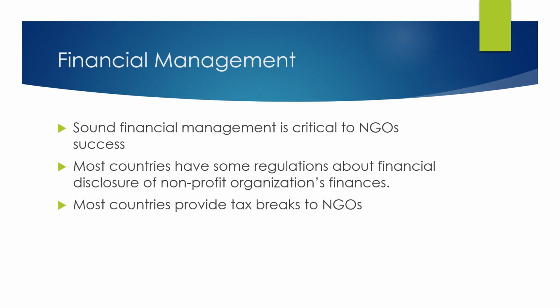people who donate money are entitled to know how these organizations are using these funds, so it's a kind of an accountability mechanism for organizations to disclose their funding for their donors and for organizations that fund them. And in many countries, there are usually regulations about financial disclosure for these types of organizations.